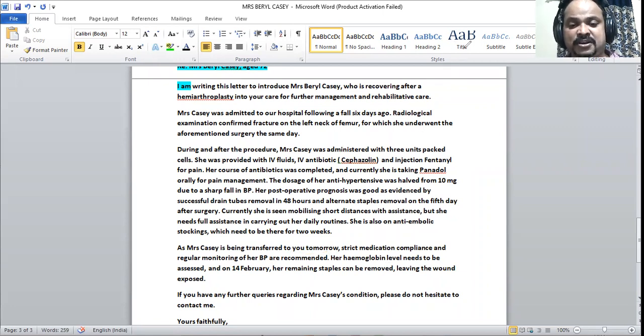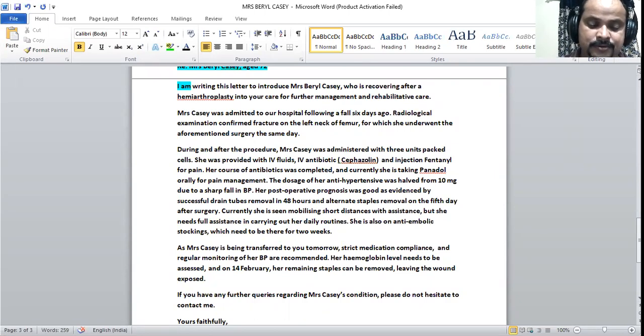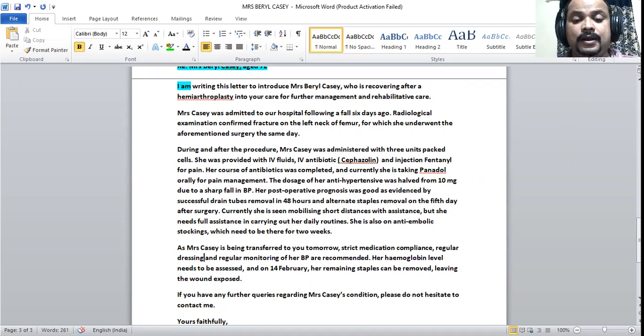Strict medication compliance, periodic or regular dressing, and so I think wound dressing, I can say wound dressing.